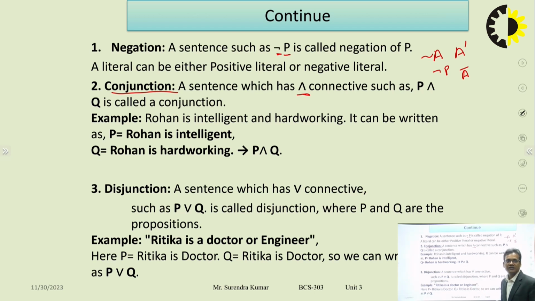This is also called the and operator, or conjunction, right?